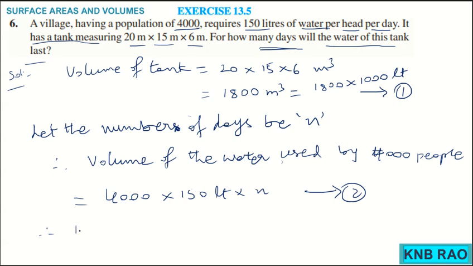Thus 1800 into 1000 equal to 4000 into 150 into n.